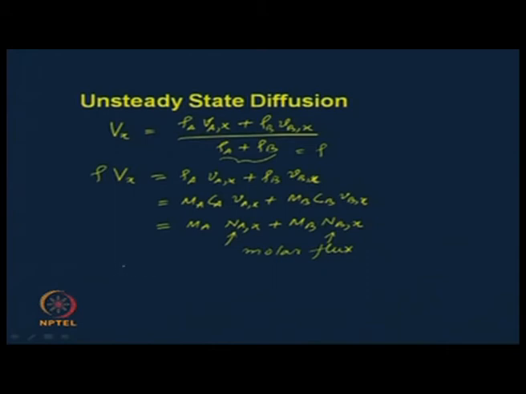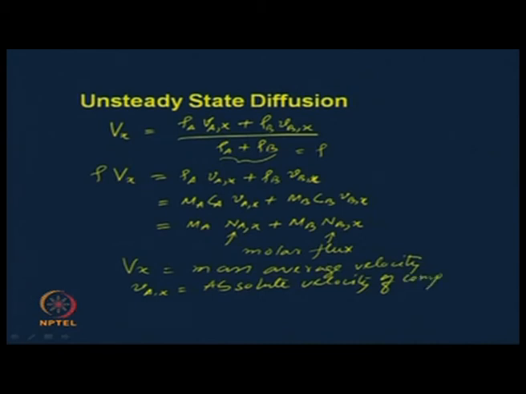V_x is the mass average velocity, and small v_Ax is the absolute velocity of component A.